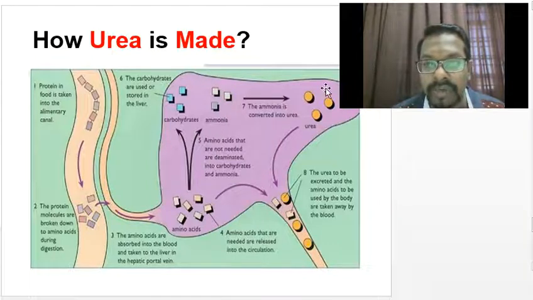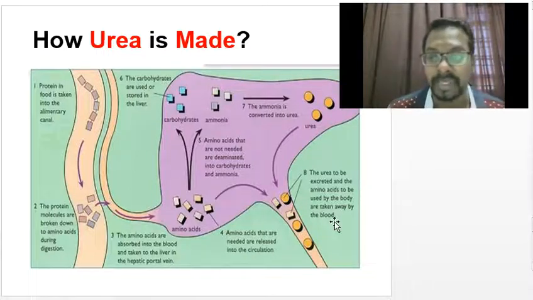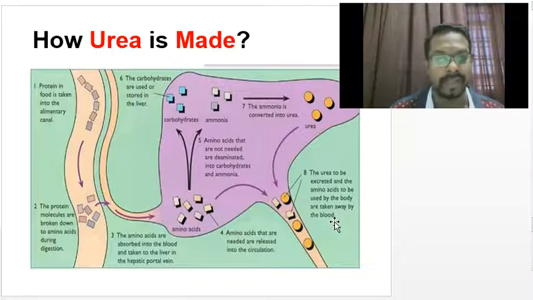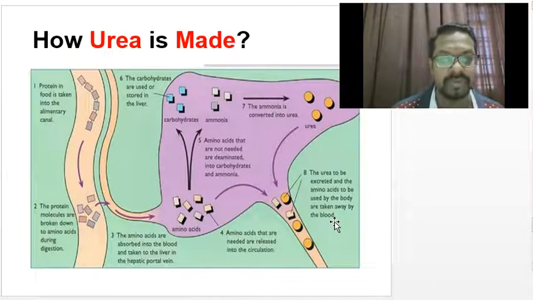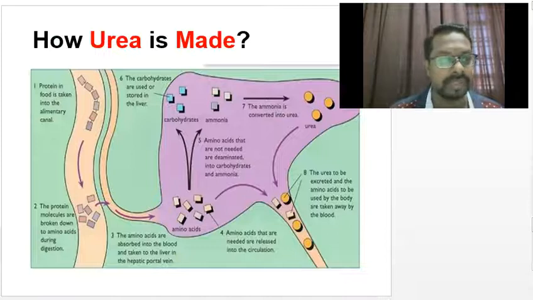The ammonia is converted into urea. This urea is to be excreted, and the amino acids to be used by the body are taken away by the blood. So whatever is needed by our body system will be taken back by our blood, and even the waste will also be taken by the blood after being converted into urea. This diagram is very important, and it's very easy to remember. So only two processes. Remember deamination of amino acid, you can actually count it in this diagram.